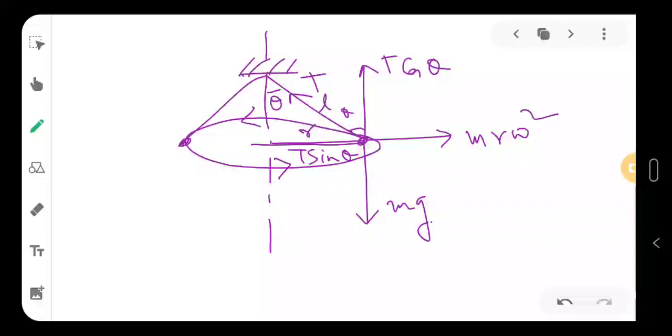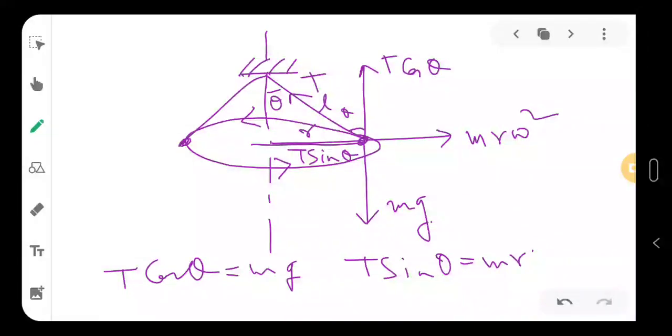So in that case we can make some equations of motion. T sin theta is equal to m r omega square, and from them we can find out many things. We can take a ratio, we can find out theta, and so many things. So this is called conical pendulum.